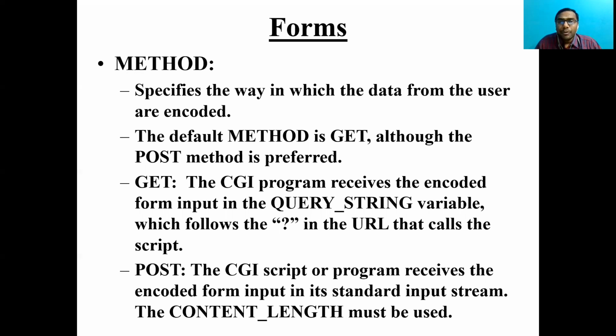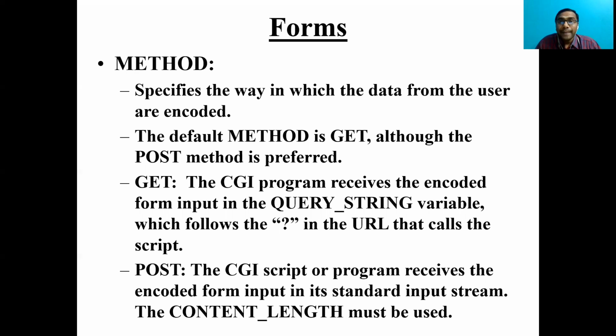Whereas in the post method, the program receives the encoded form input in its standard input stream, which mainly deals with content length. Whenever I use a post method to transmit the information through the web server, it's mostly secured compared to a get method.